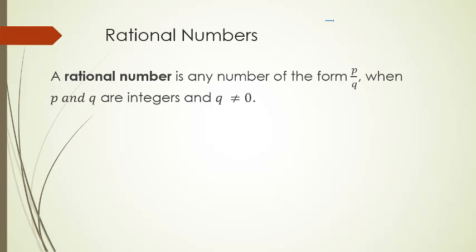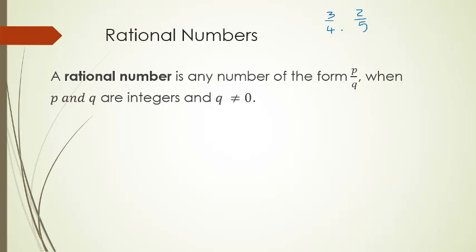So, whenever you have something like 3/4, this is a rational number. Whenever you have something like 2/5, this is a rational number. Why? Because it is expressed under the form of a fraction. If you don't want to say a fraction, you can say a quotient.